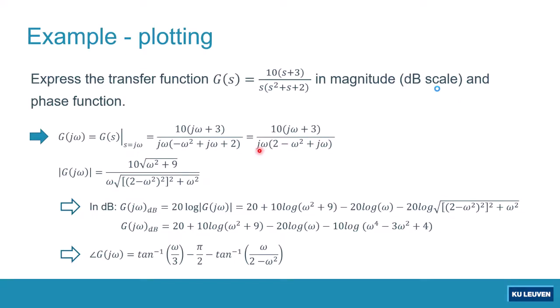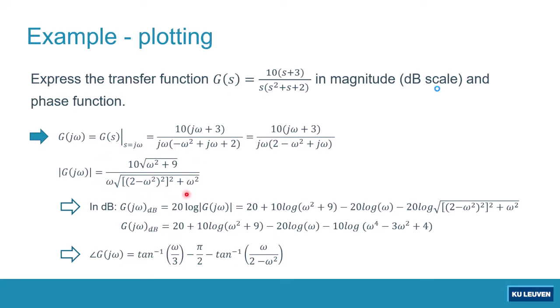The magnitude of j omega, obviously, will be equal to omega, while the magnitude of the full form of a complex number that contains a real part and an imaginary part will be equal to the square root of the real part squared plus the imaginary part squared. So this will be the magnitude of G(j omega).